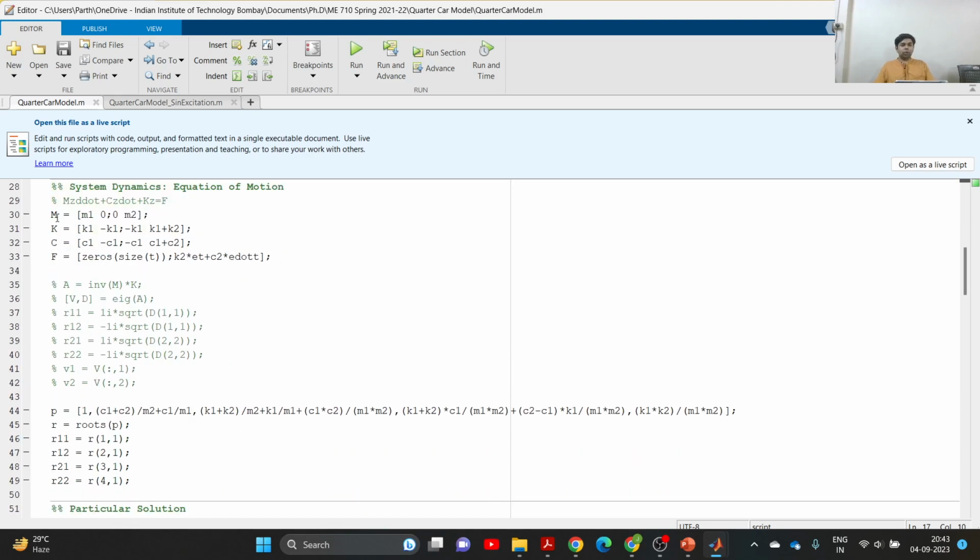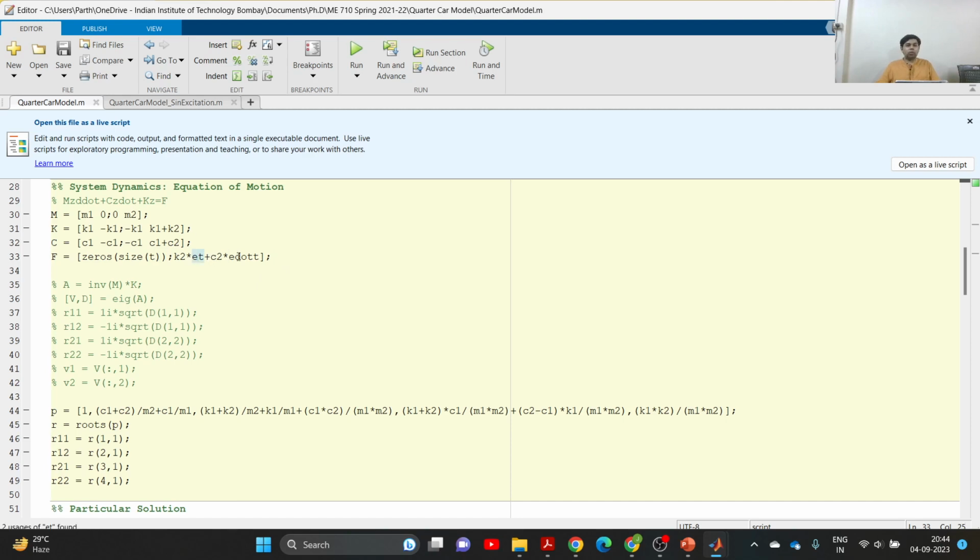In this part of the code, we are basically trying to solve the system. We are representing our system dynamics in MATLAB. So we enter the mass matrix, stiffness matrix, and damping matrix, and also the external force matrix.